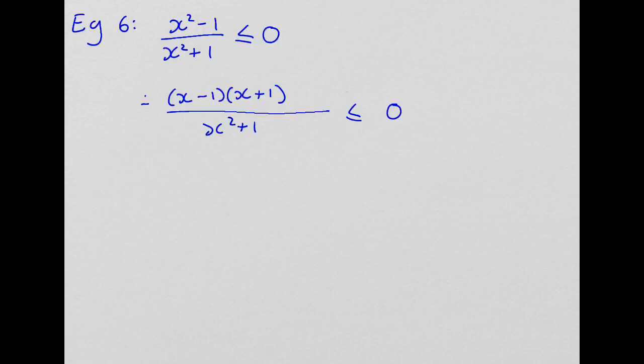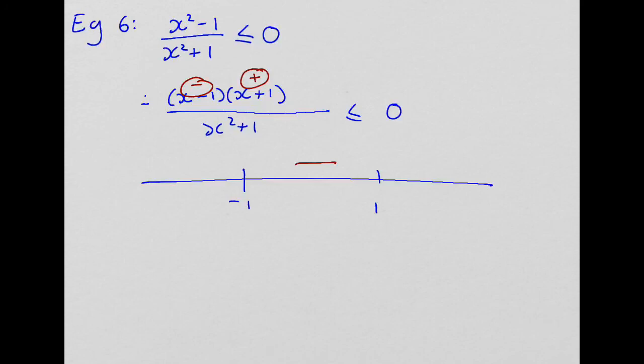Okay, so straight to looking at the numerators, our critical values are negative 1 and positive 1. Right, so if we choose values in between, let's start with 0. We have 0 in the first bracket, 0 minus 1 is negative 1, so that's negative. In the second bracket, 0 plus 1 is positive. So then obviously we have a negative in between negative 1 and 1, because a negative times a positive is negative.